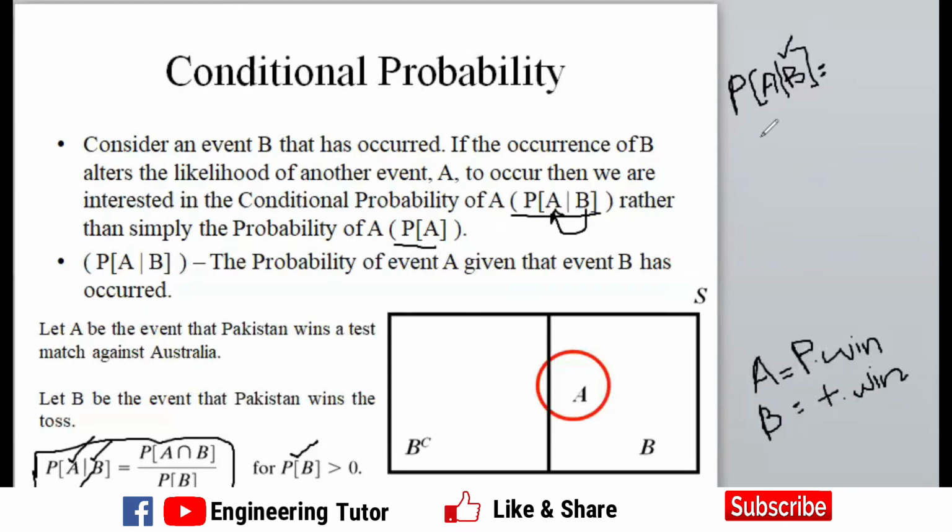How can you find it? You can find it by the formula, which is P of A intersection B. What is P of A intersection B? That is called the joint probability.